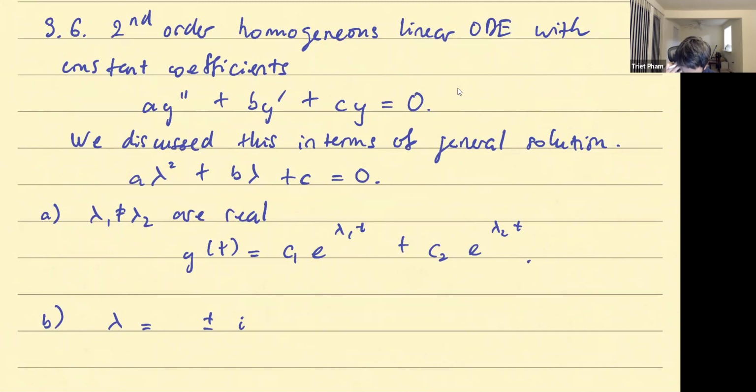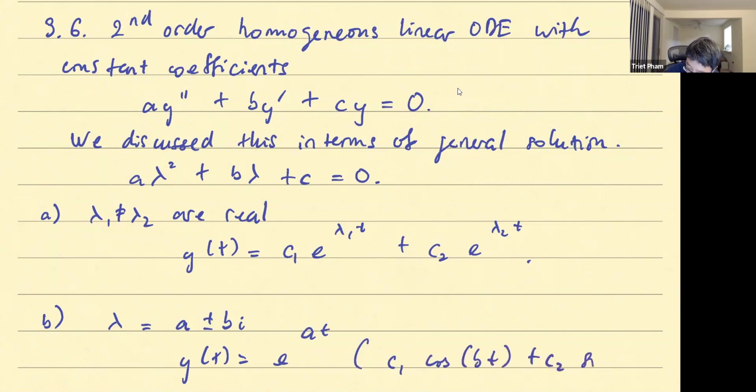I can use a and b again, but don't be confused with the a and b up there, just different a and b. So then y is e to the at times C1 cosine bt plus C2 sine bt.